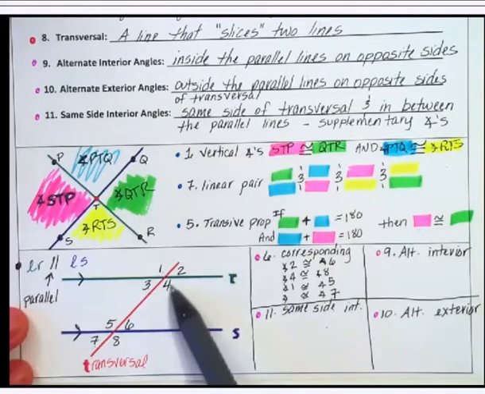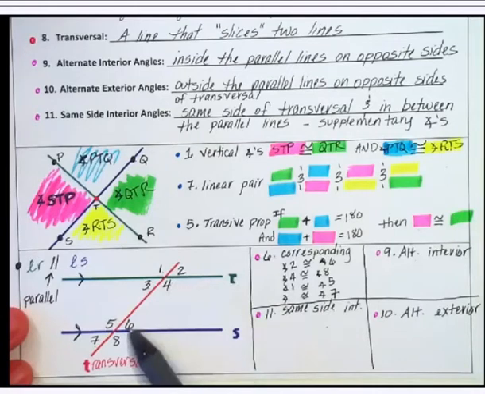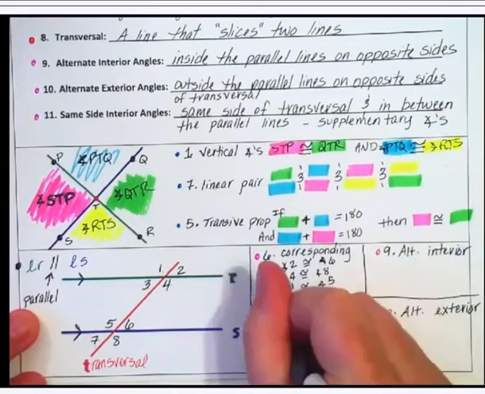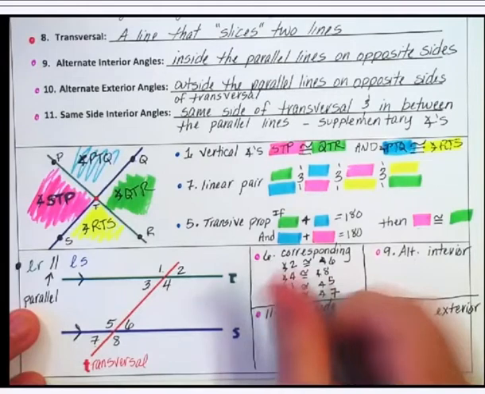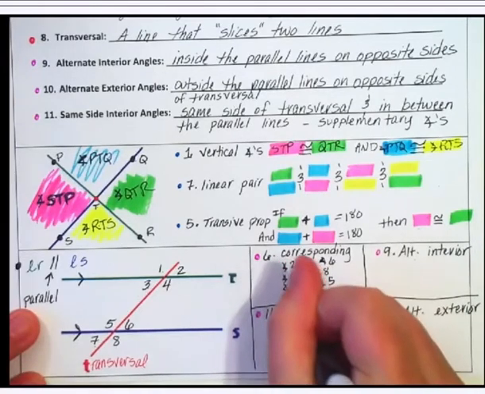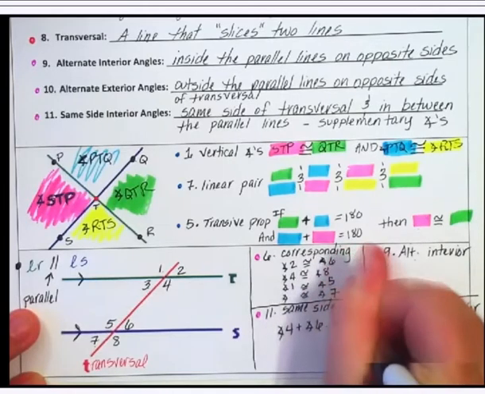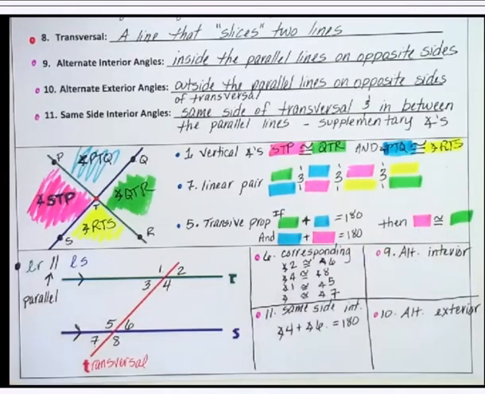So angle 4 and angle 6 are on the insides, okay? And so they are going to be supplementary to one another. So here's how I write that. Angle 4 plus angle 6 equals 180 degrees.